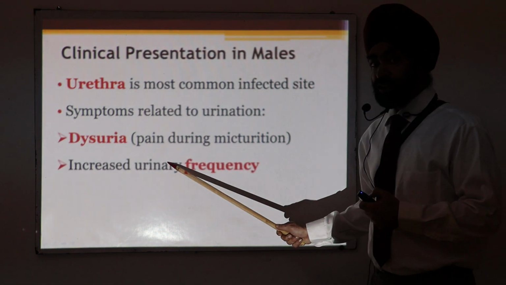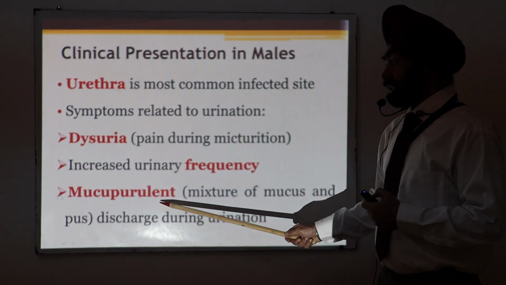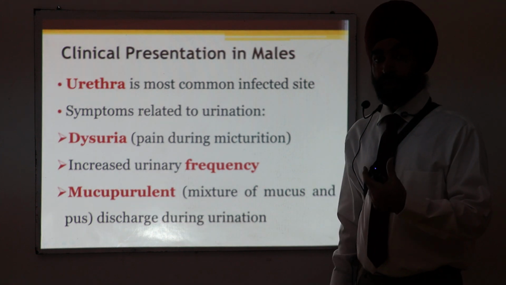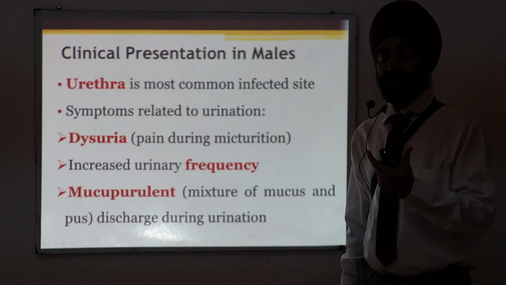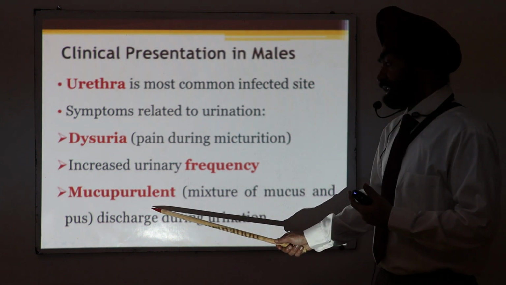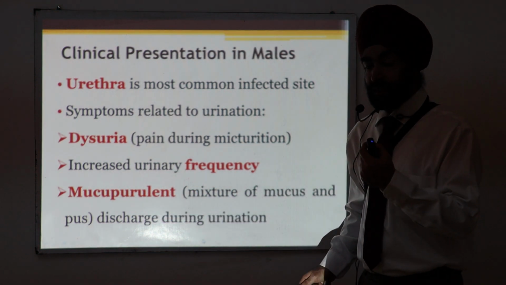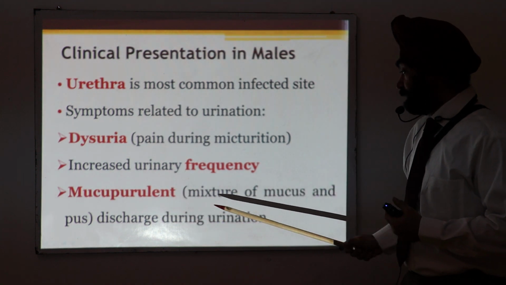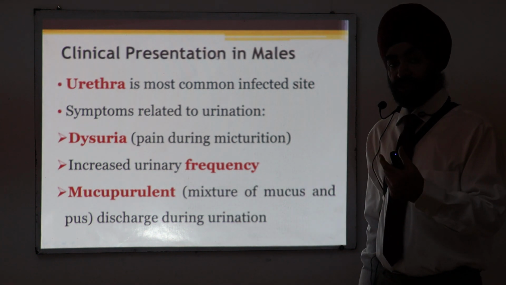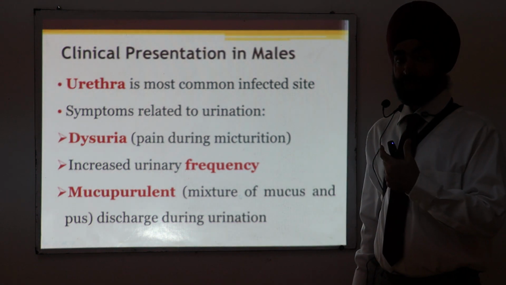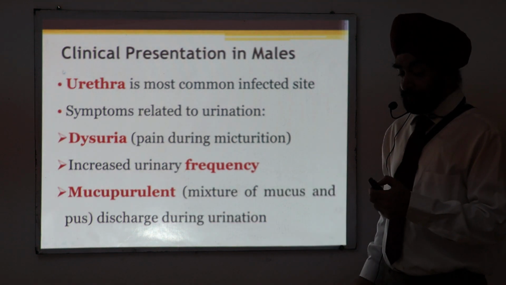Then the frequency of urination will increase. Third, it will not be just urine: you will see some extra discharge, a mucopurulent discharge. Muco means mucus and purulent means pus, so in the urine a mixture of mucus and pus can be seen. These are the typical features of gonorrhea in males.